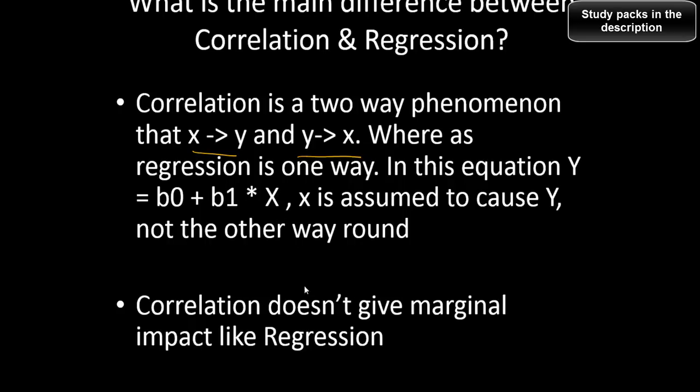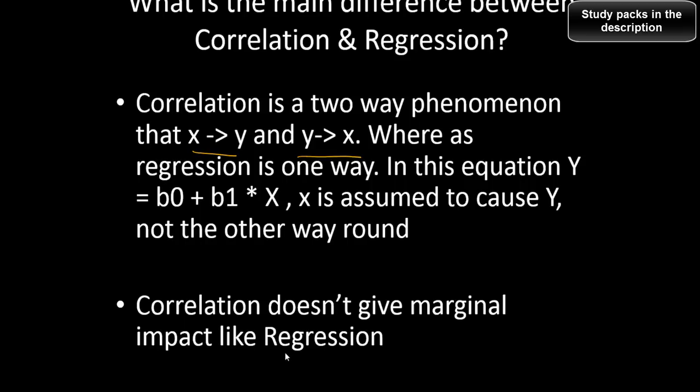The second difference is that the correlation doesn't give marginal impact. That means if we know that two variables are correlated, we cannot say if we increase one of these variables, say x, by 1 unit, what will be the corresponding impact on y. That's not possible from the correlation.